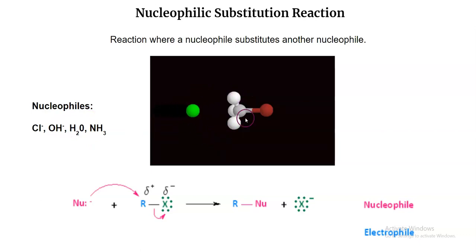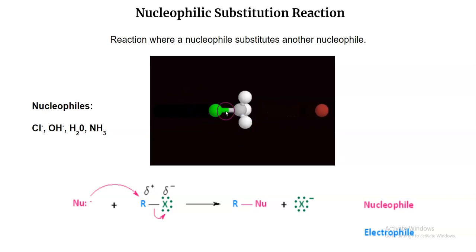So there's a little animation I want you to look at here. This sort of gives you a visual about how a nucleophilic substitution reaction works. It's not a holistic picture, it does not incorporate all the nuances, but it's just to give you a rough idea. So what's happening here is there's a green ball that's approaching. That's the nucleophile, first, the green ball.